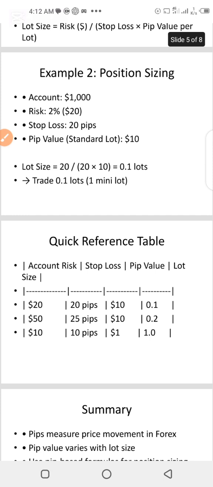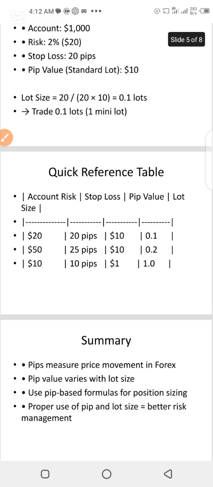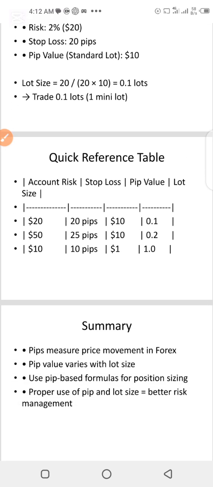Now this is a quick reference, the last part. Account risk and the stop loss, and the rest.